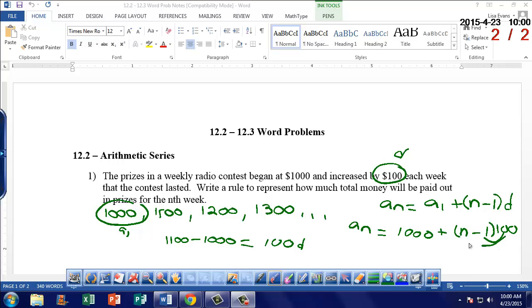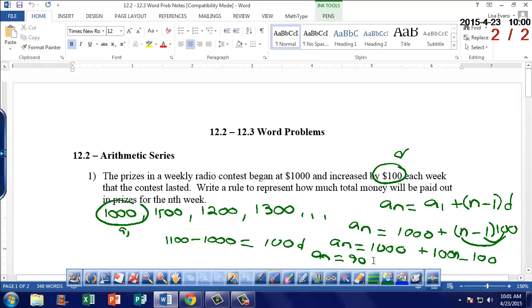We're going to distribute. Add up our like terms. This is our rule.